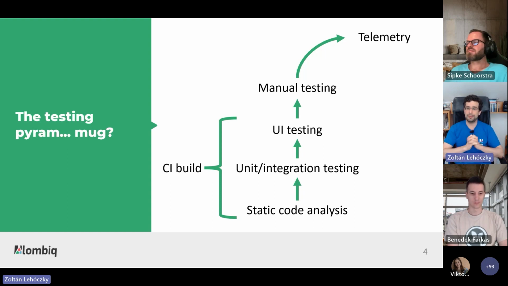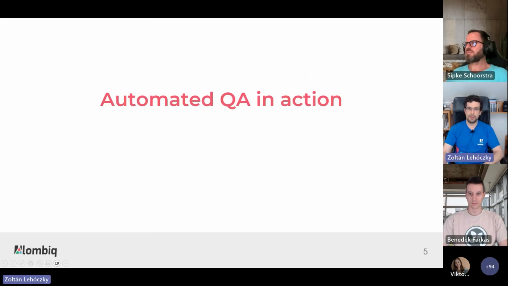Most of this will be wrapped into continuous integration builds that I will also introduce. And at the end, we'll have an excursion to discuss how to collect telemetry for your production application. That's not really automated QA, although it's part of QA, but I think it's quite important to discuss because it's very useful. All right, so let's see the whole thing in action now.